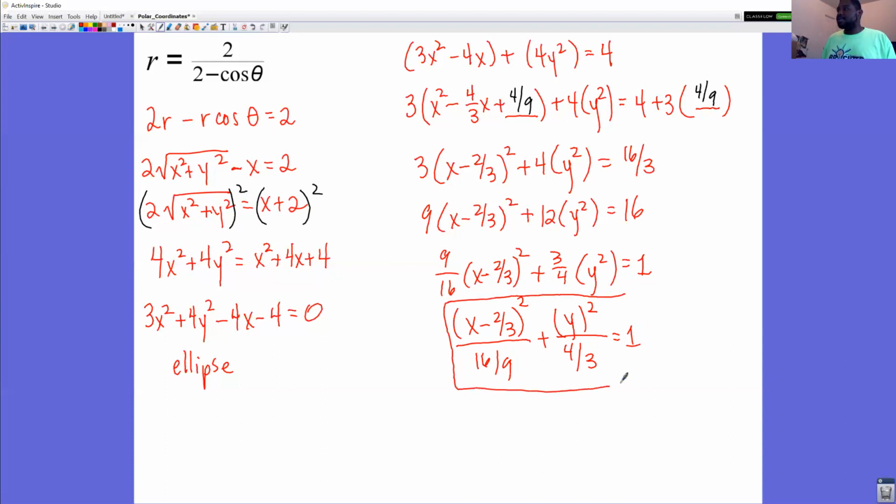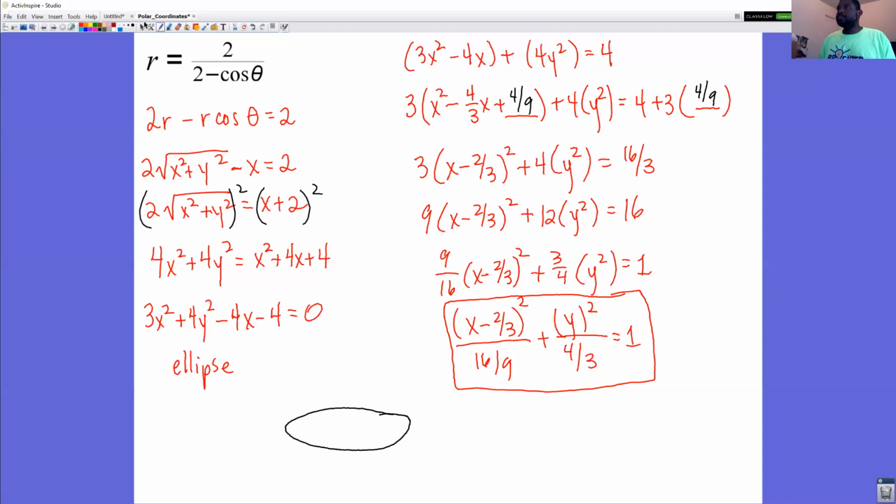So now we need to describe the ellipse. So in order to describe it, we need to first know what it looks like. So I can tell you it's what I call a horizontal ellipse. So what that looks like is I have an ellipse that's stretched like this.